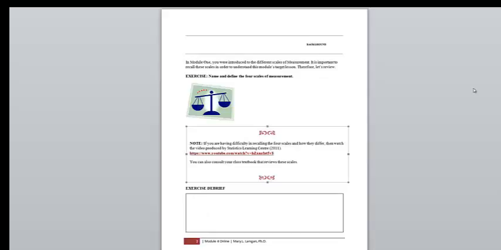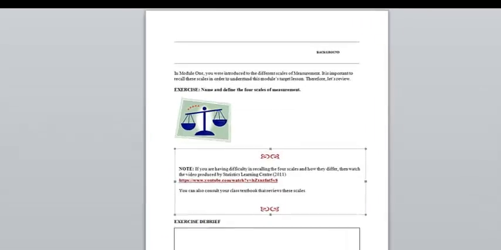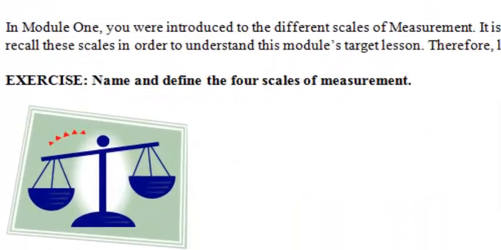Now we need to review some background information from past modules before we proceed in this one. It's important that you recall what the scales of measurement were that we introduced you to in Module 1's target lesson. So let's review and go ahead and take a few minutes to shut the video off so that you can name and define the 4 scales of measurement.